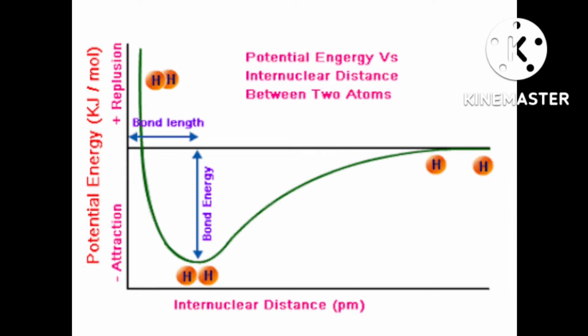In any atom, there is a nucleus. In the nucleus, protons and neutrons are there. Many particles are there, but at a lower level you study only that the nucleus is made up of protons and neutrons. The electron is revolving around the nucleus.